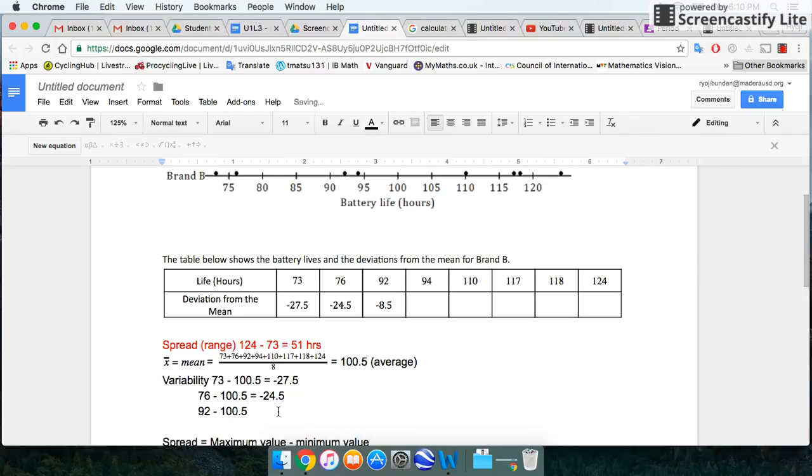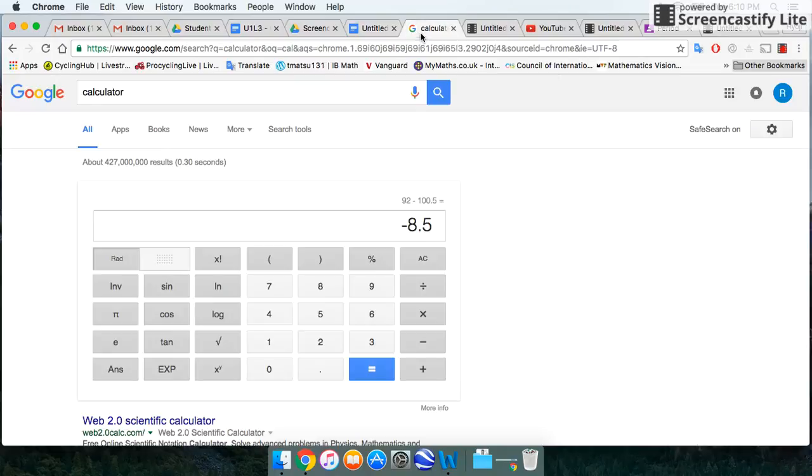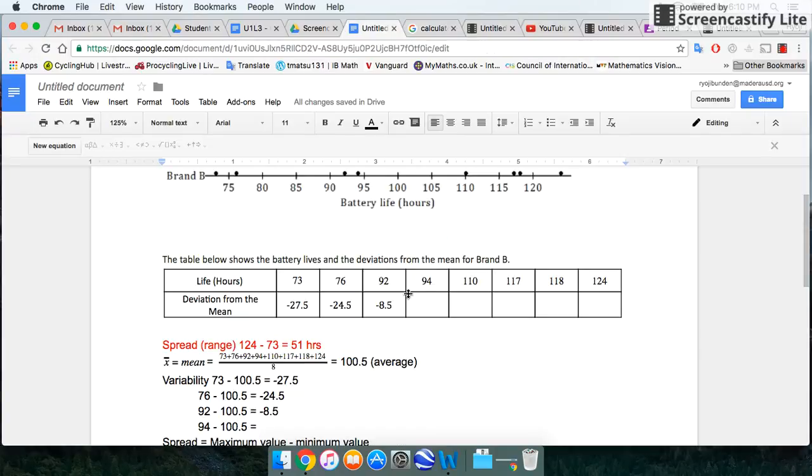Okay, we have another one, 94 minus 100.5, which is negative 6.5.